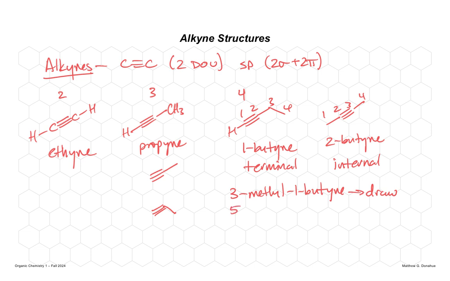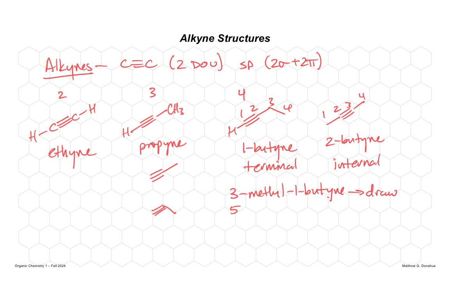And as I said, in this class, we learn things in the forward direction, we learn them in the back direction. So what we're doing is taking a name and we want to draw a structure. So the way that I think about this, you read 3-methyl-1-butyne left to right, but you sort of draw it right to left.